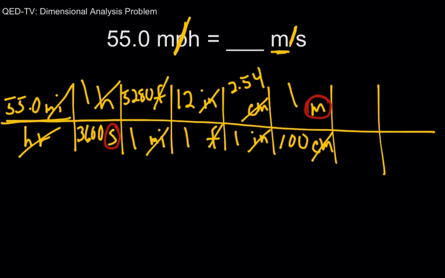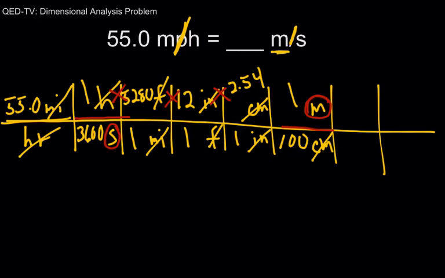My unit on the top is in meters, so I have meters over seconds, which is what I wanted for my final units. So all I have to do is take 55 times 5,280 times 12 times 2.54, and then I'm going to divide by 3,600, and I'm going to divide again by 100.